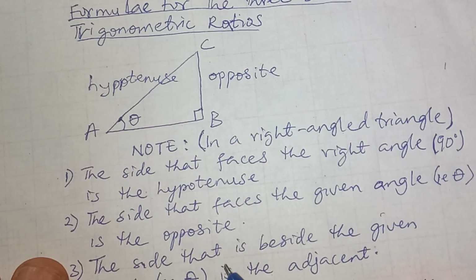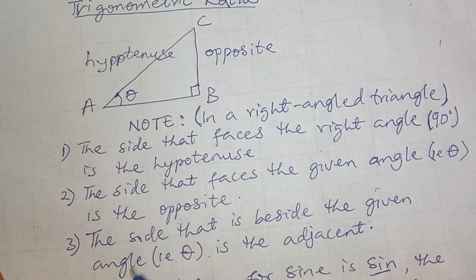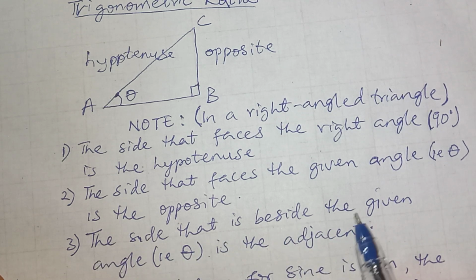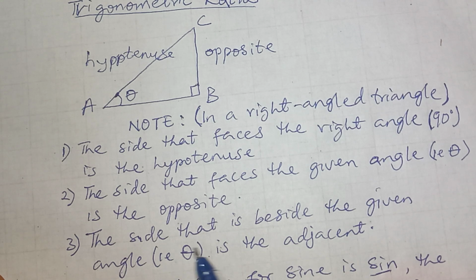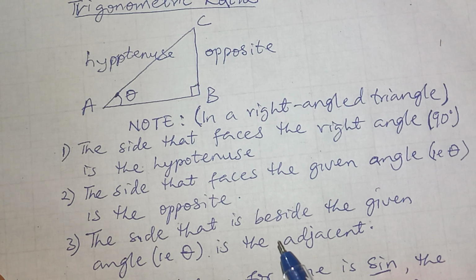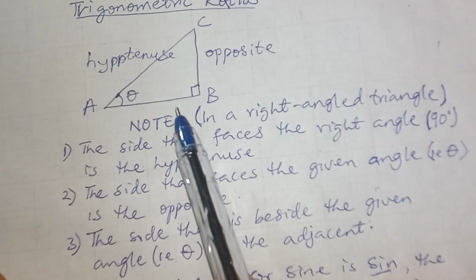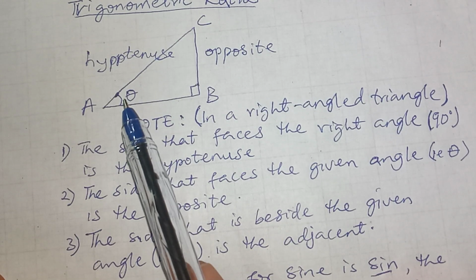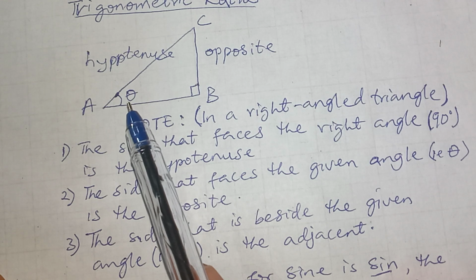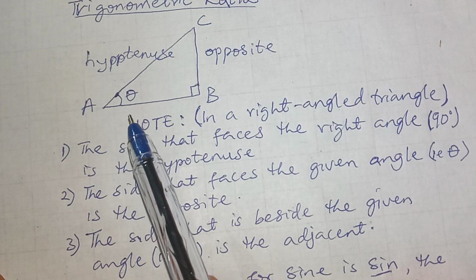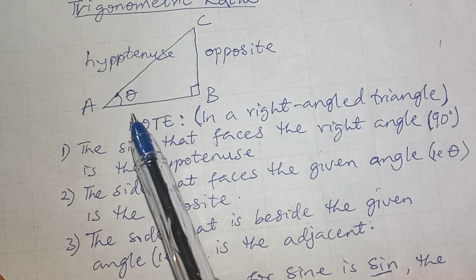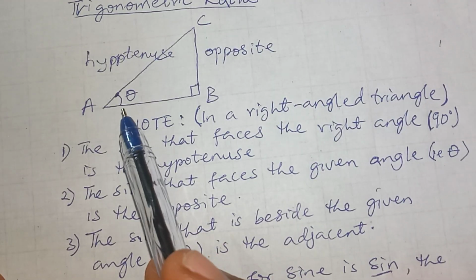Now the third thing is the side that is beside the given angle theta is the adjacent. Another name for adjacent is beside, or by the side. So this side is by the side of this angle. So we call it what? The adjacent, because it is beside the angle.